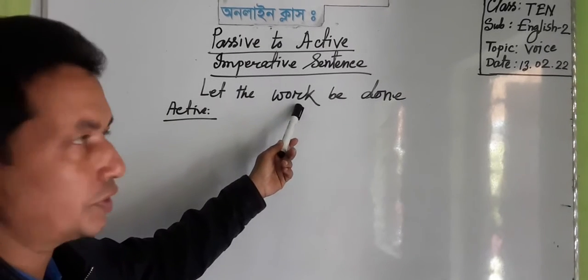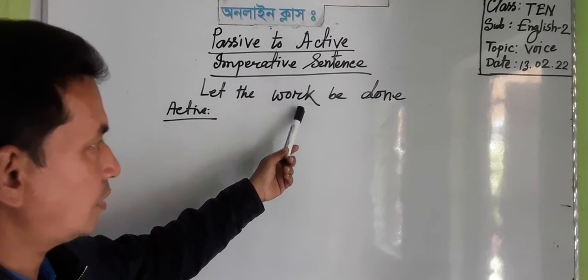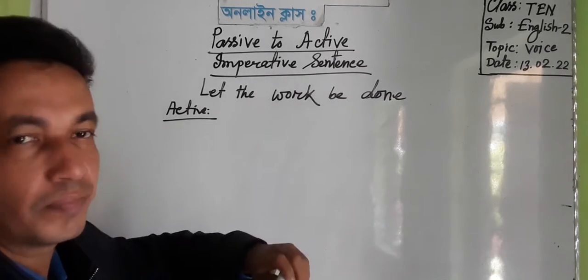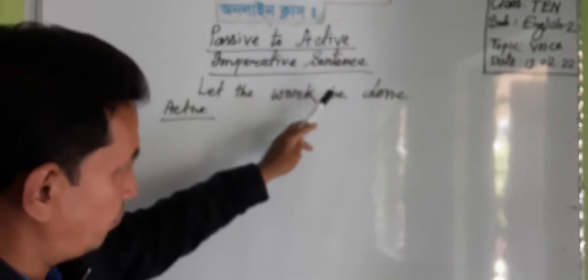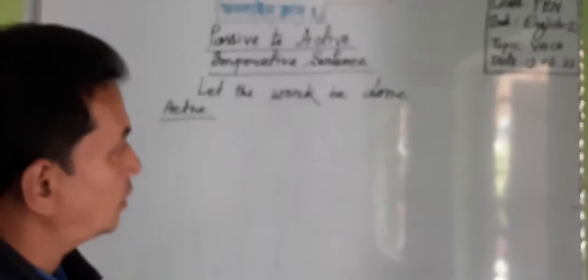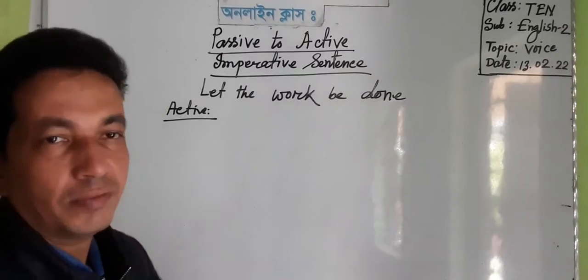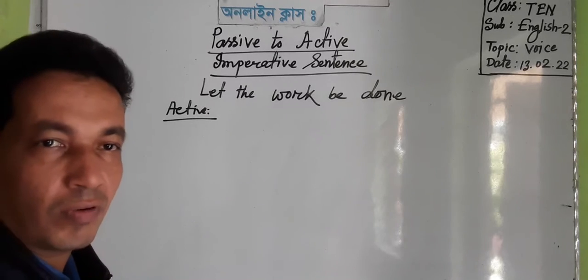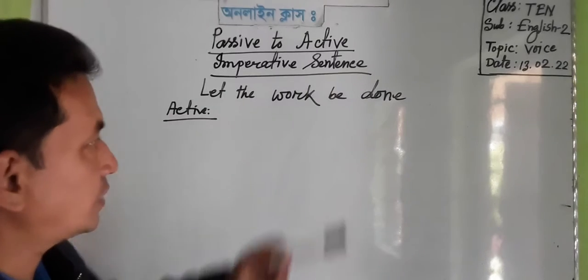The work is the subject here, and next, be must be used in this sentence in passive voice, and next the main verb will be the past participle. This is one kind of rule of passive voice in imperative sentences.